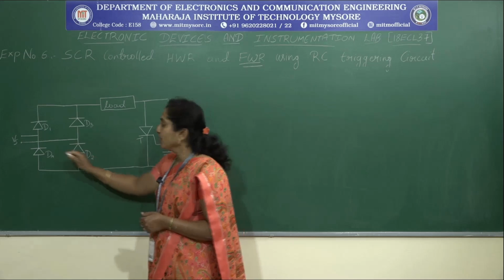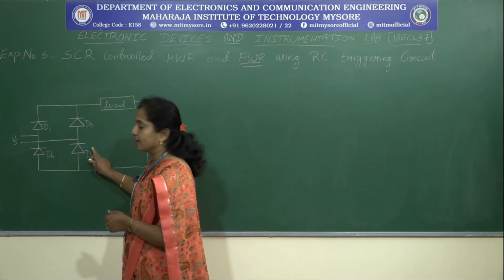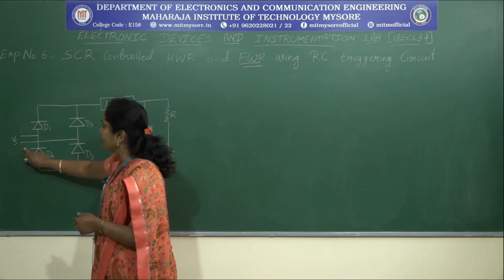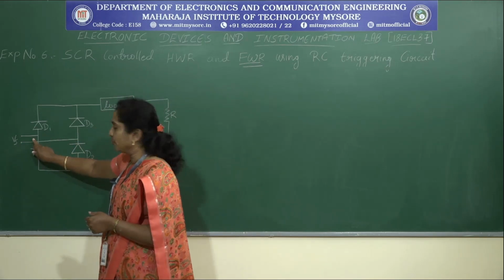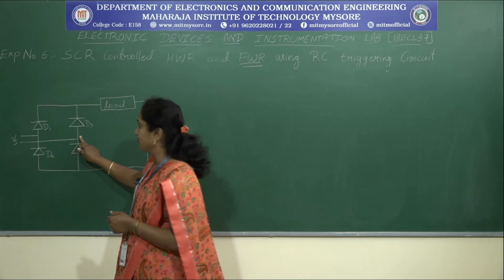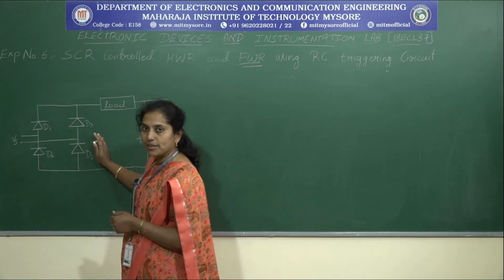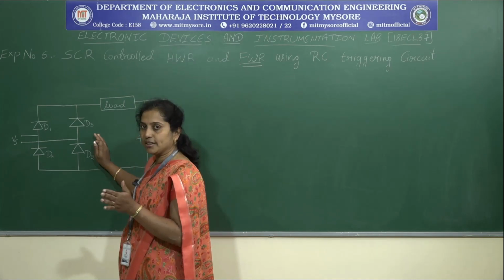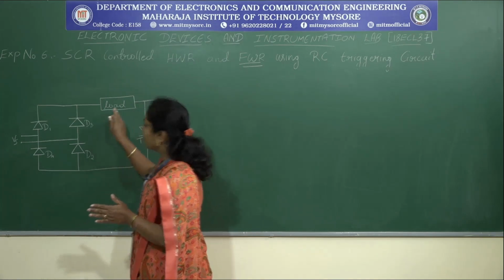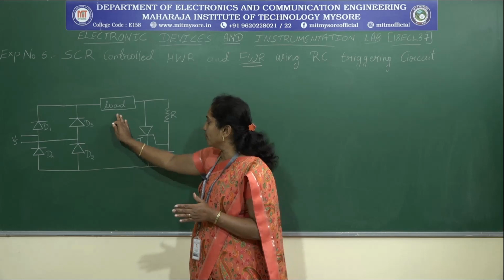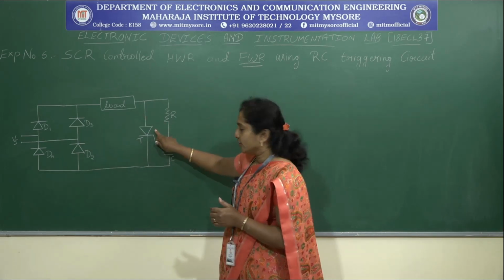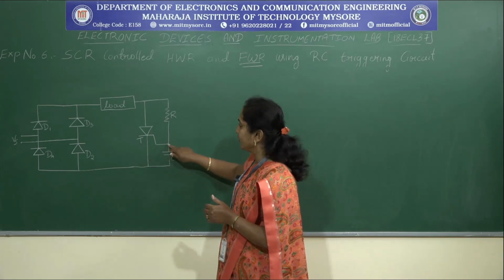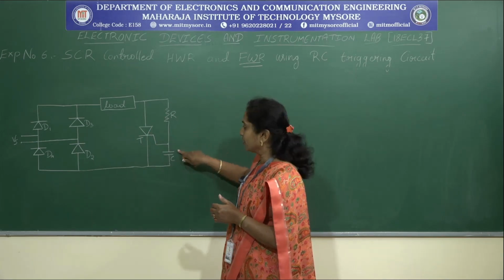In the bridge circuit 4 diodes are connected as a bridge, and the input supply is connected at one end of the diode bridge and the other end. In this way you get full wave, that means in both half cycles you get the power. The load is connected across this point, and the SCR which is connected, this is the anode and cathode, and this is the gate terminal. At the gate terminal the RC triggering circuit is there.